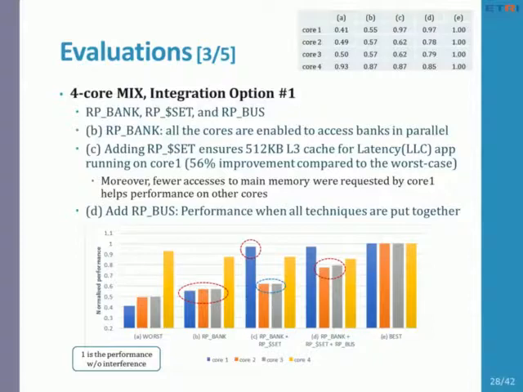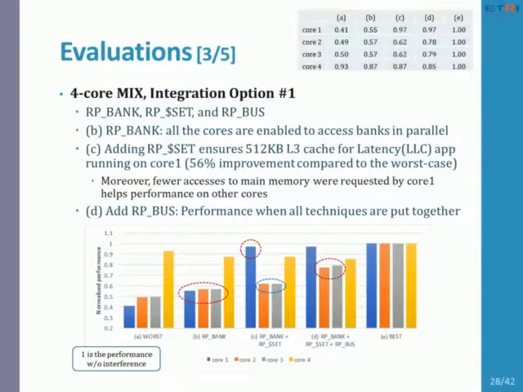And now we add the set-based cache partitioning, and we found that the performance of the application running on core 1 increased a lot, a 56% improvement compared to the worst case. It's because the data size of the application running on core 1 is small enough to fit in the last level L3 cache.